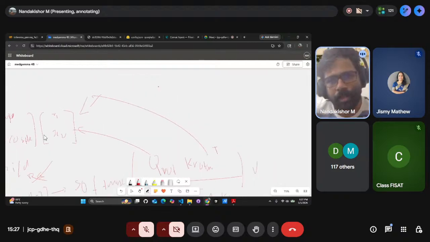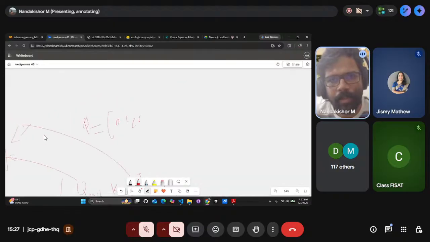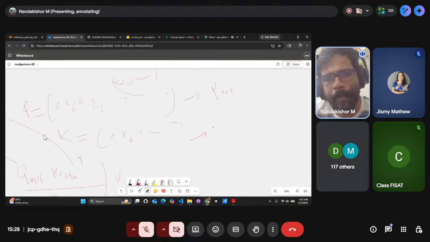So Q rotated means the same thing I explained earlier: 0 0.1, 0 0.2, 0 0.3, and so on. It's very important that the dimension should be even. And K rotated is similar, 0 0.8, 0 0.8. The pairs are rotated.